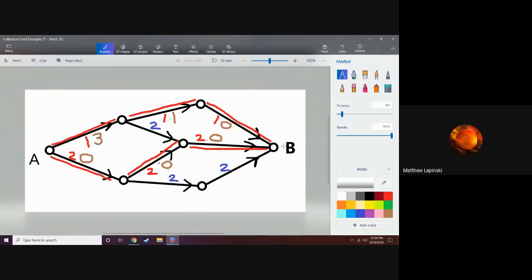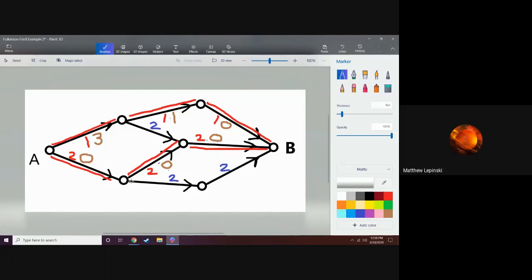Unfortunately, we chose to go up, which for this particular graph is turning out not to be a great idea, because getting stuff from A to this middle node, we actually have extra capacity along here and along here. So we could get stuff from A to the middle without using up the flow from down south.